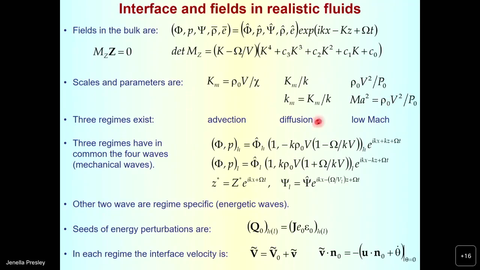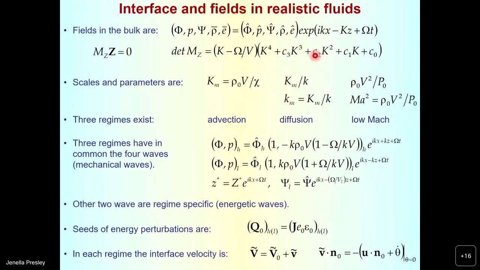The other thing is the ratio between rho v squared and characteristic pressure, or I would say the modified Mach number. It's not exactly the Mach number, but a modified Mach number, because we don't care what the characteristic gamma is here. Depending on the ratio between these parameters, km to k, which is a dimensionless parameter, may be very large or very small.